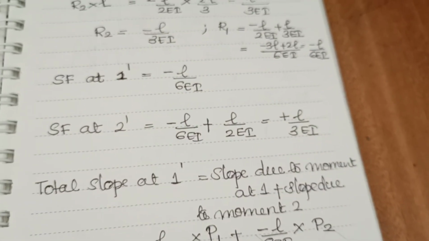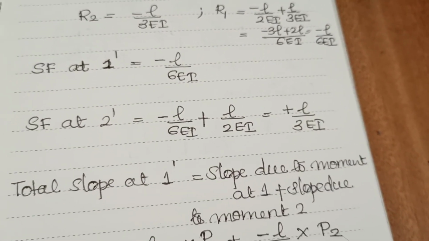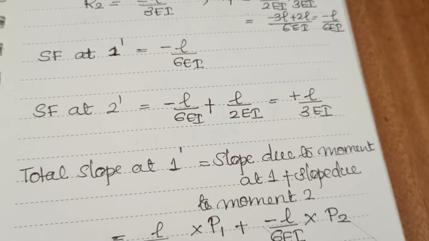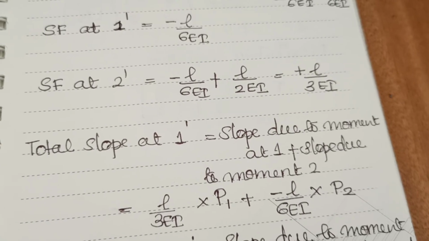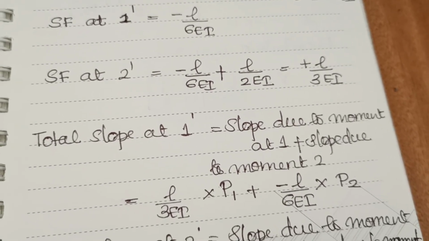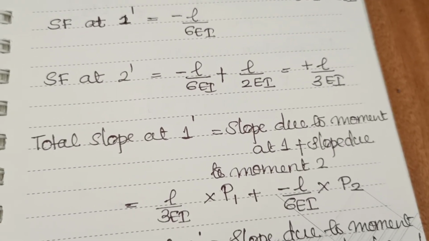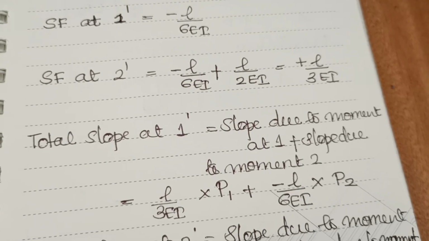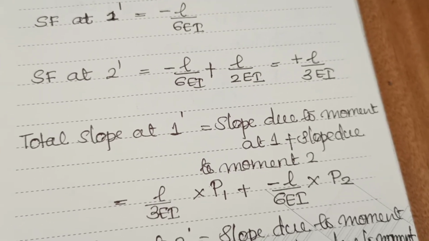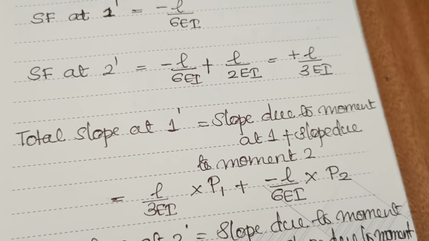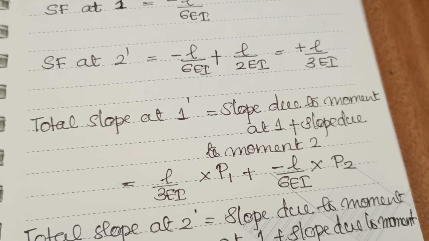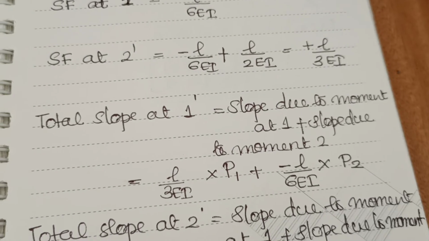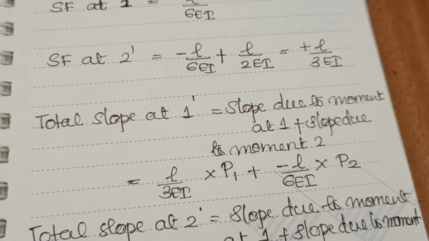So, to find out the slope at the first point 1 dash, we have to consider both the moments at 1 and 2, that is P1 and P2. Hence the equation will be slope at 1 dash is equal to slope due to moment at 1 plus slope due to moment at 2.